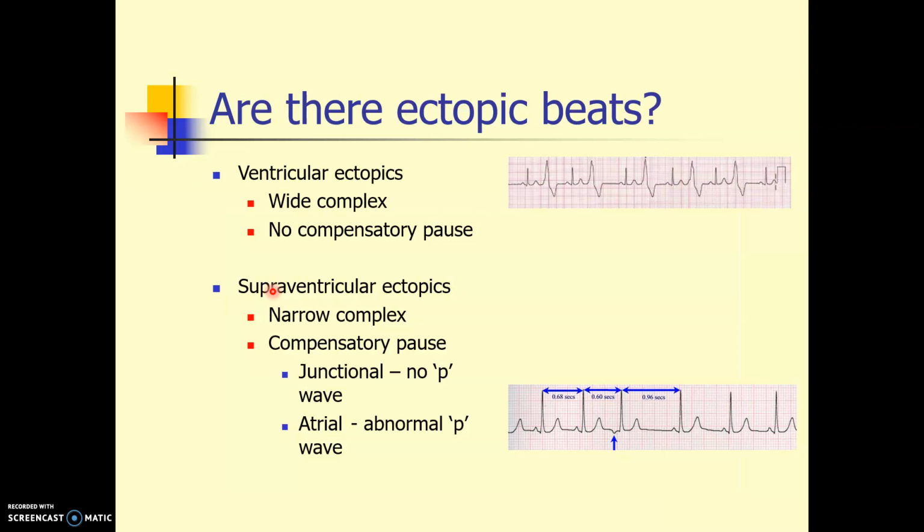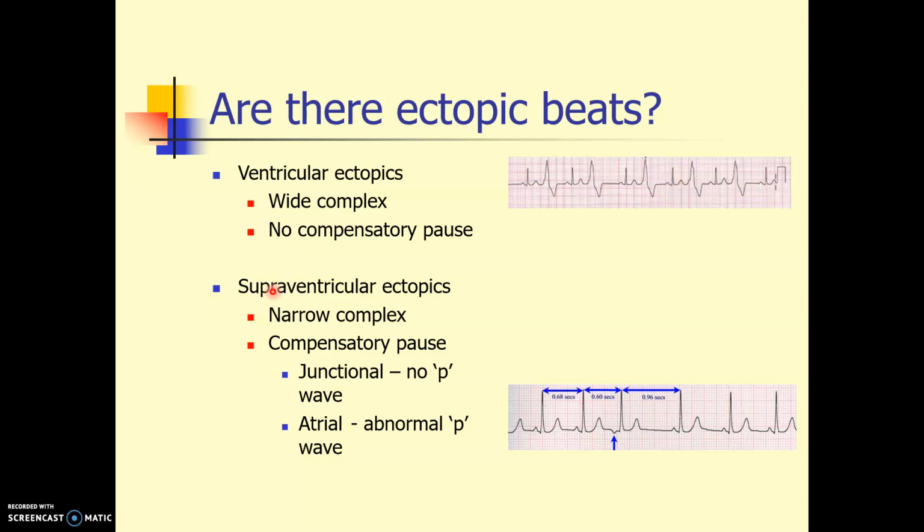And finally, we need to think about ectopic beats and how we differentiate supraventricular from ventricular beats. So ventricular ectopics tend to be wide complex, although it should be borne in mind that beats generated far enough up the conducting system, for example, beats generated from the bundle of His, may be narrow complex.